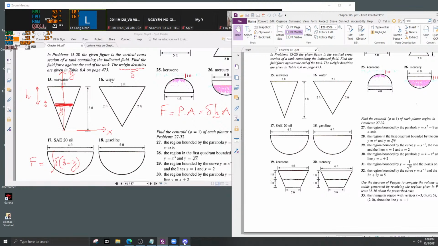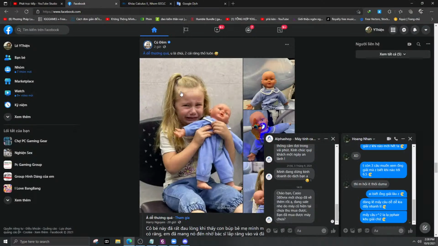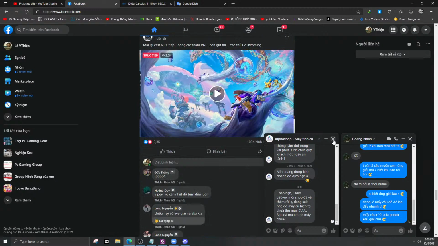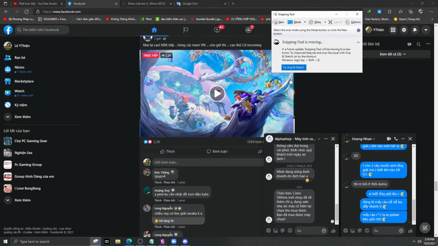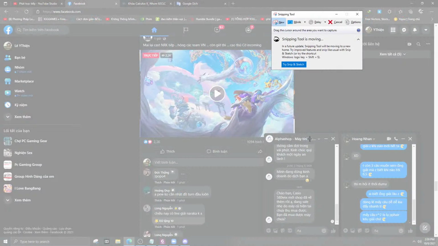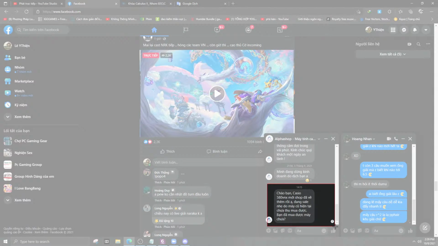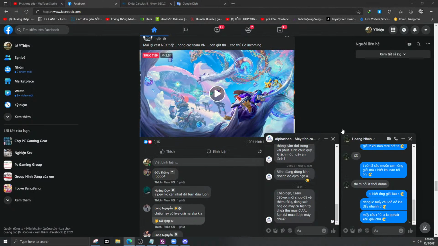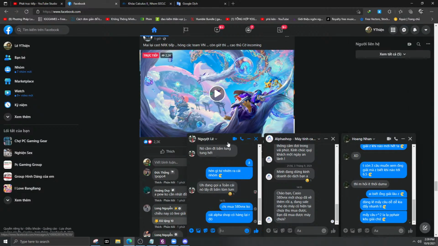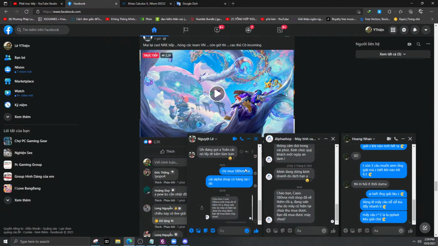If I let x be here, then the length is 2x, and the width of the bar is dy, a small change in y. Here y varies from 0 to 3, because the level of the seawater in the tank is from 0 to 3.